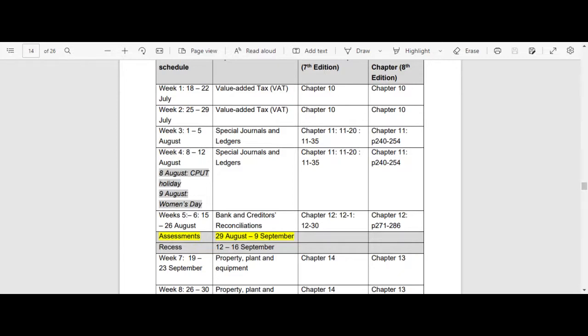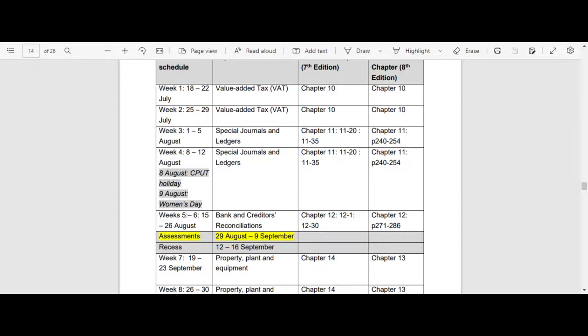So ladies and gents, it's going to be too much effort really to do a general journal each time that you have a sale. So you would rather have a very special kind of journal, which we call either our sales journal, or we can also call it our accounts receivable journal. That is the more modern term, where you simply record all your sales as they occur in one line.